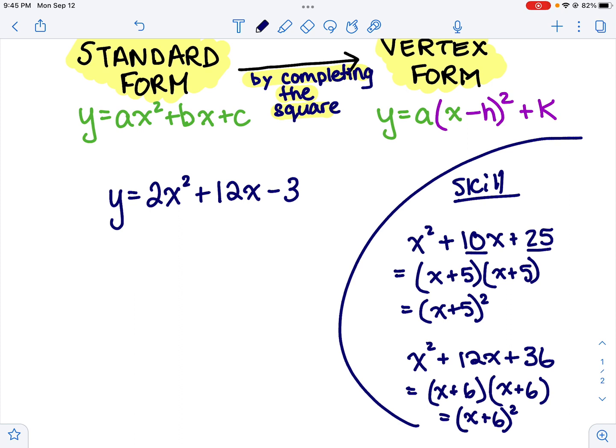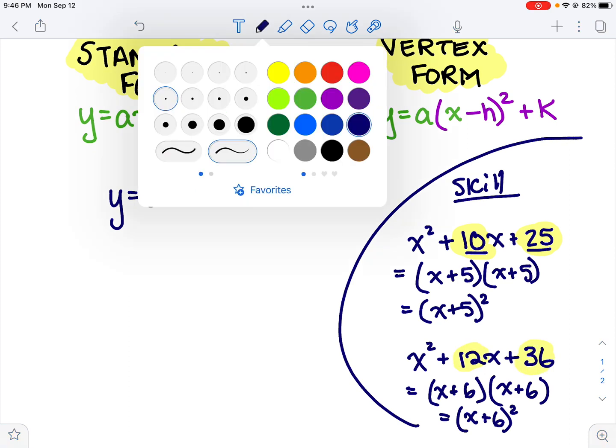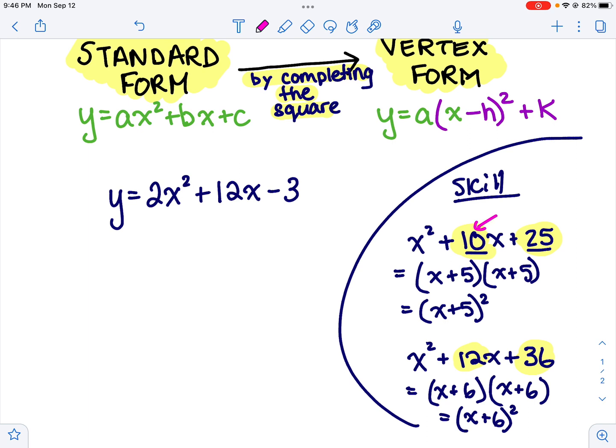So here's what perfect trinomials have in common: a certain relationship between these two numbers. If I take the number 10, divide it by 2 and then square it, 10 divided by 2 is 5, and 5 squared is 25.